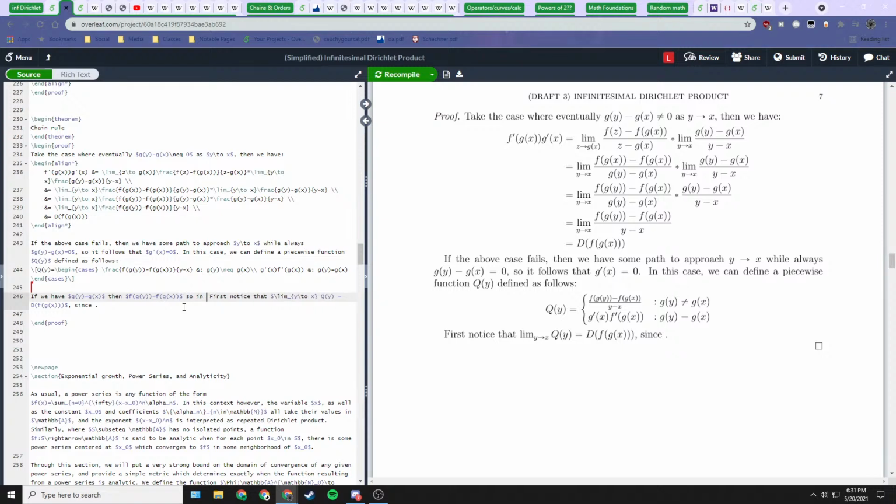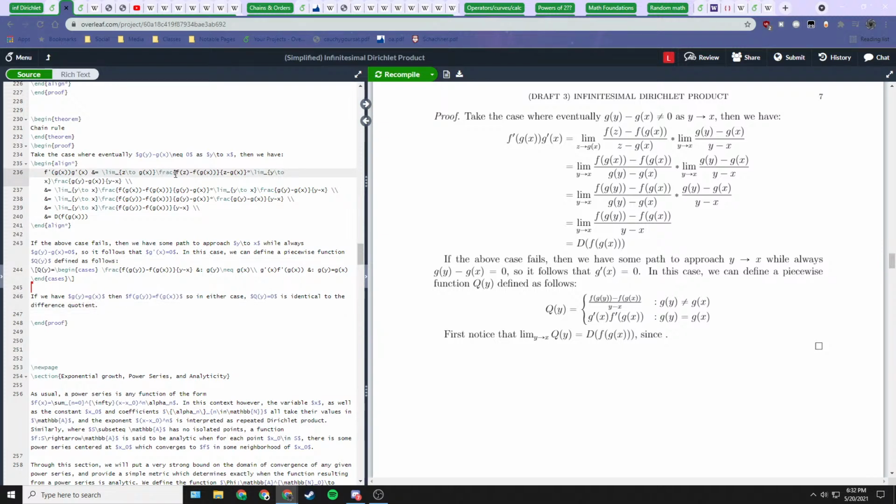So in either case, q of y equals 0 is identical to the difference quotient.